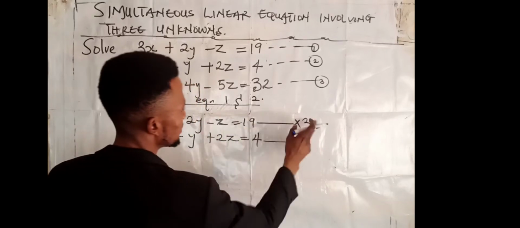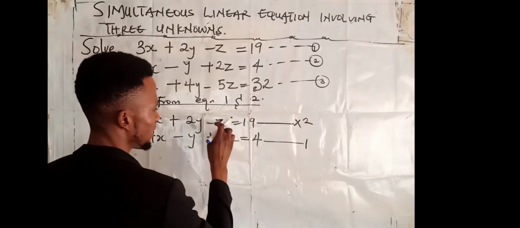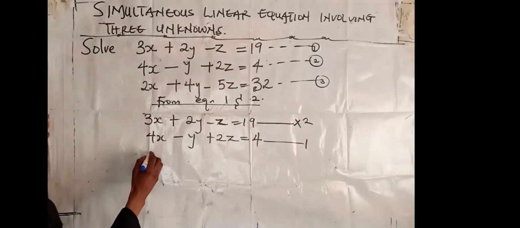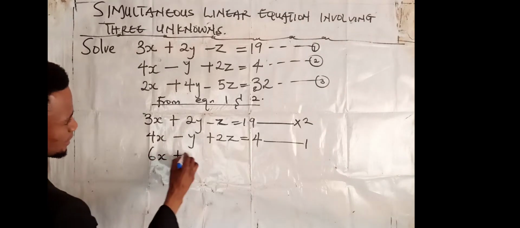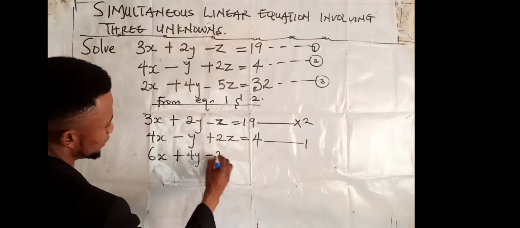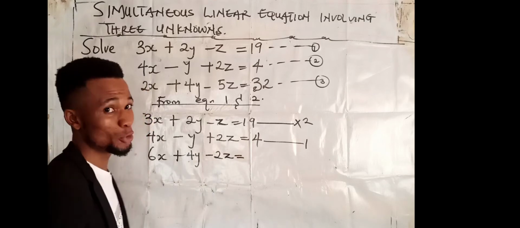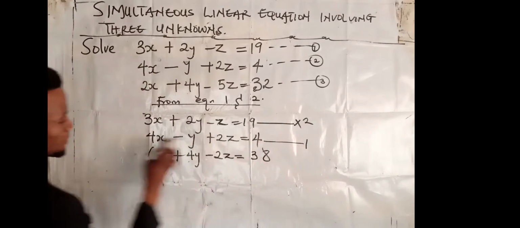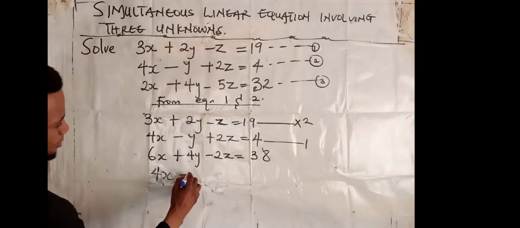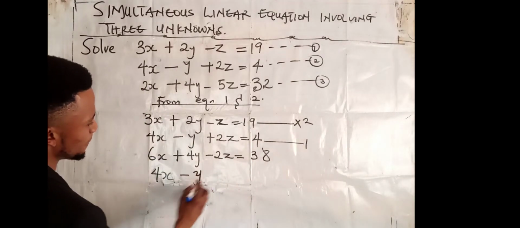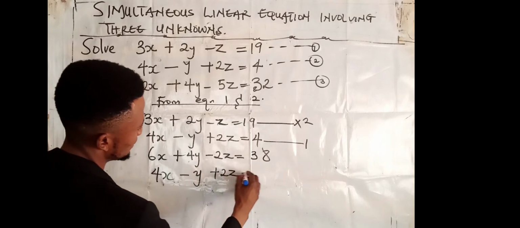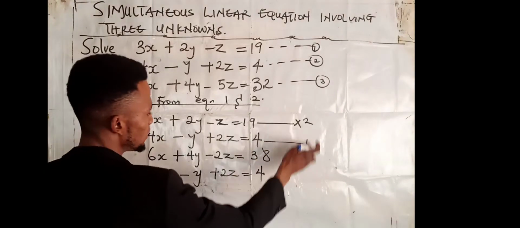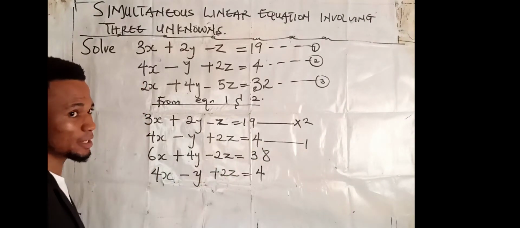I am multiplying all this by this because I want this to cancel out. 2 multiplied by this, I'm going to have 6x plus 4y minus 2z is equal to 2 multiplied by 19, that will give you 38. 1 multiplied by this, you have 4x minus y plus 2z is equal to 4. Can you see that?